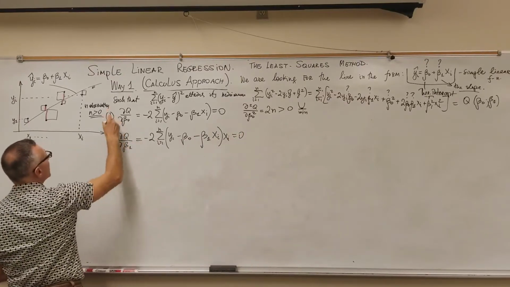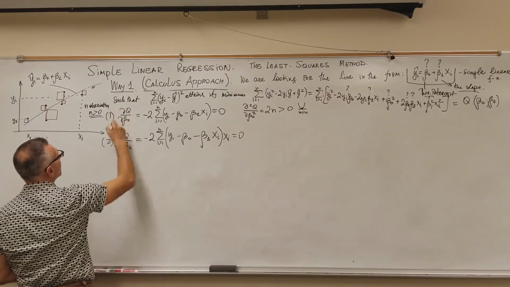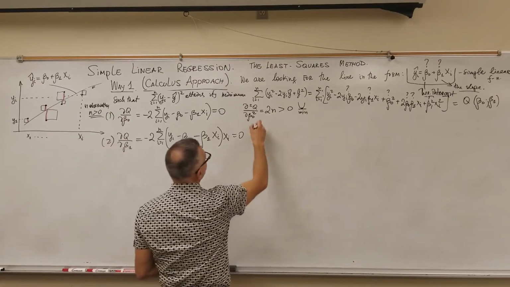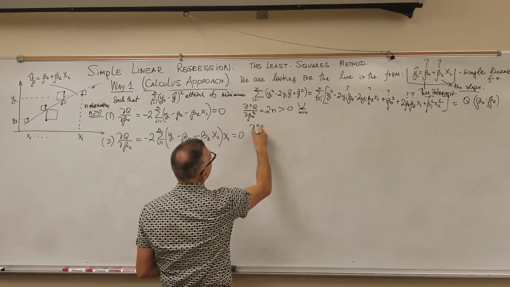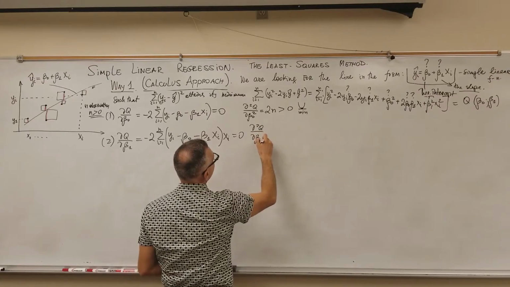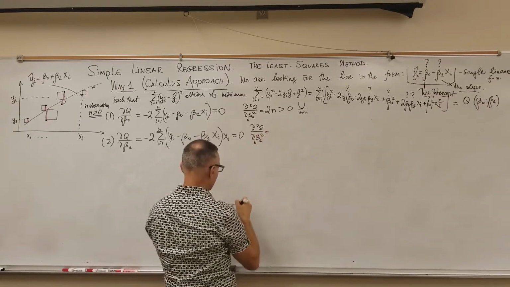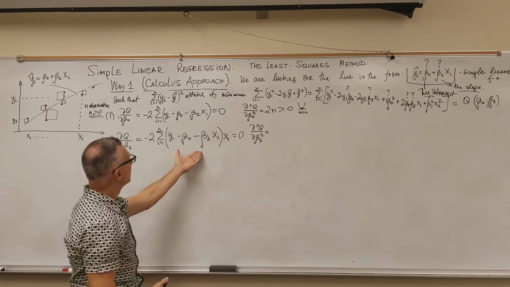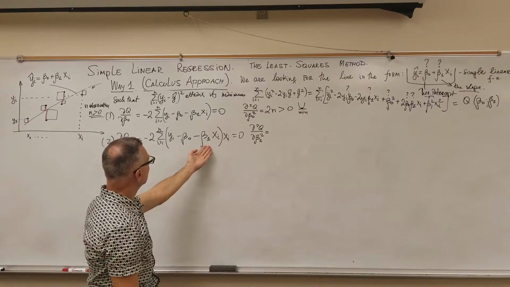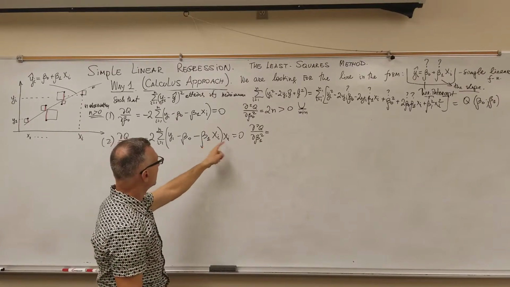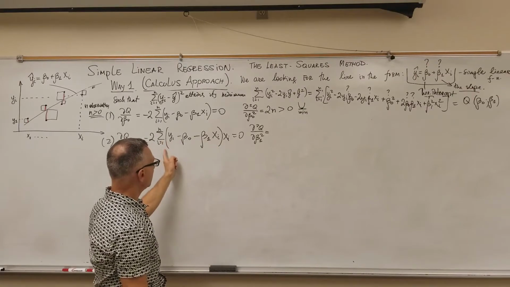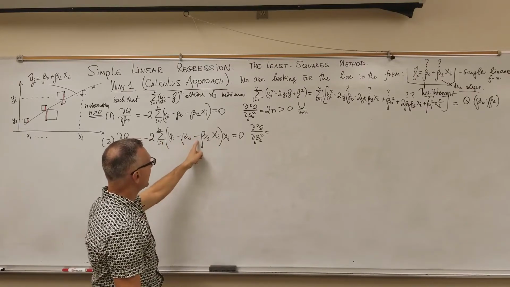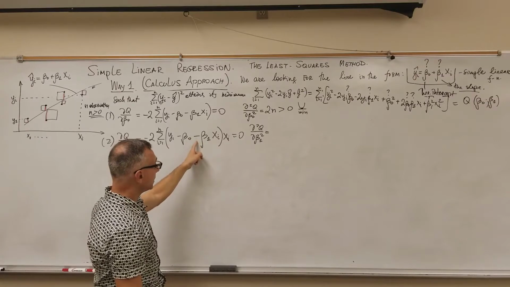It's also equal to 0. So this was my equation 1, my equation 2. And the same way, the second derivative with respect to beta 1 twice is equal to the derivative of this one with respect to beta 1, which is xi squared under the sum, minus beta 1, so minus here.